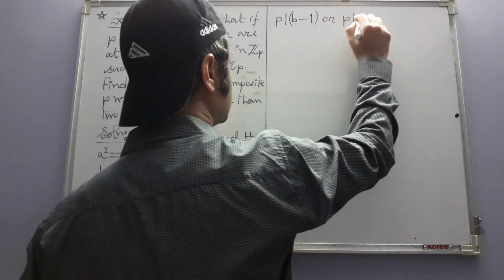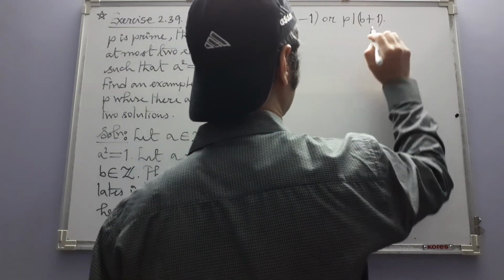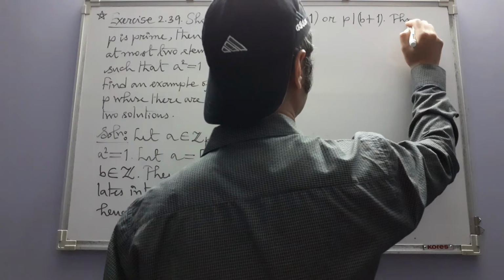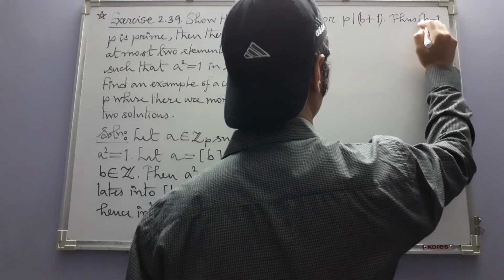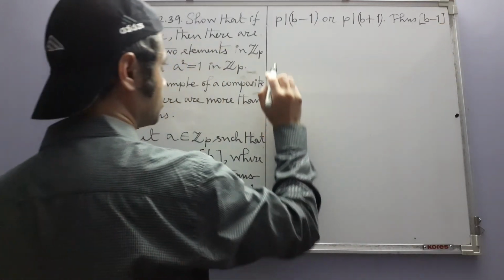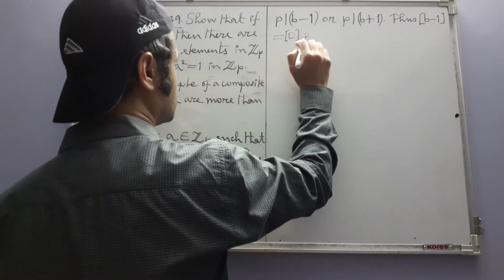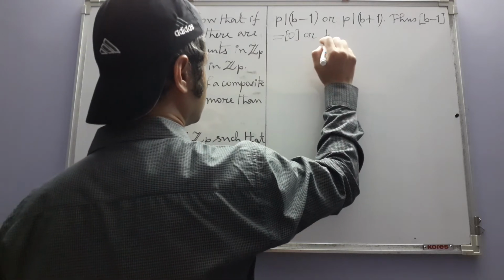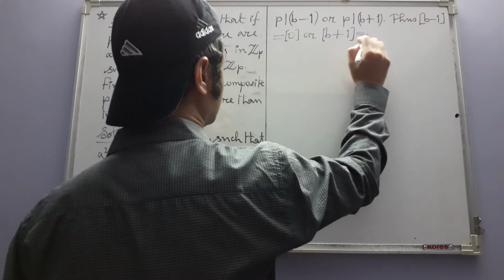Or P divides B plus 1. Thus, this congruence class is equal to 0, or this is equal to 0.